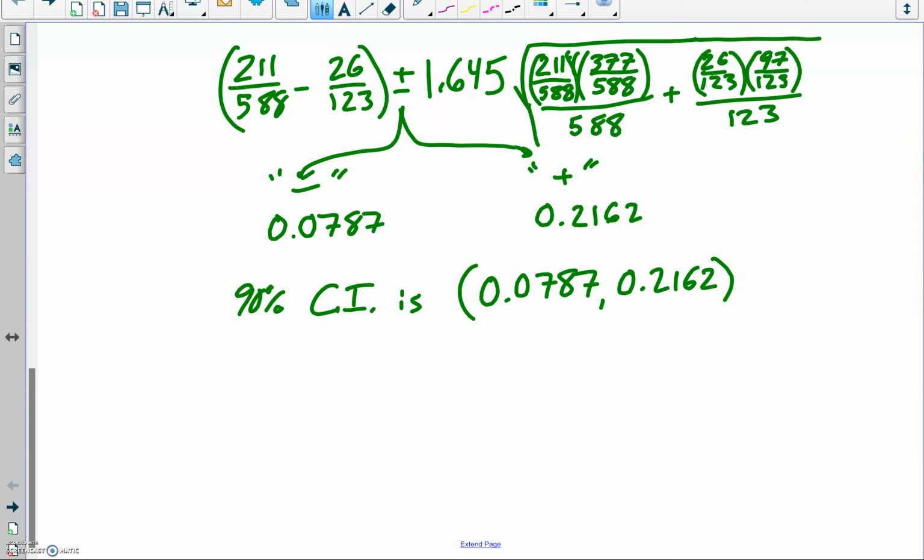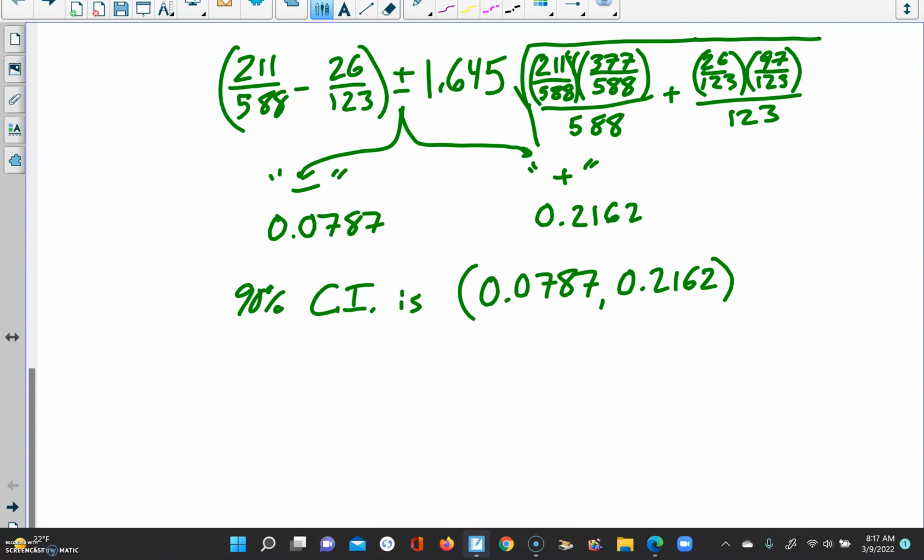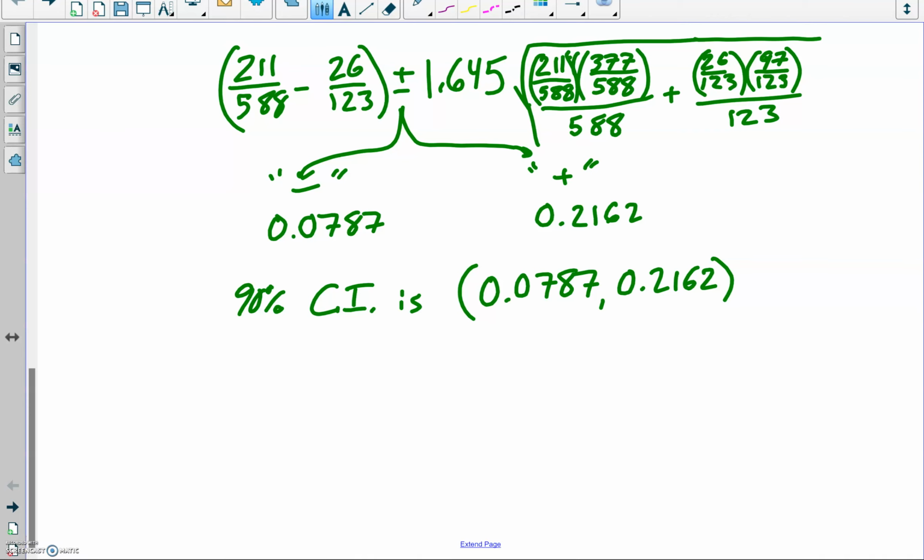So overall, when I look at this, it's also another indicator that there is a difference between the two Mediterranean and Atlantic parasite and Brill proportions. If there wasn't going to be a difference, what I would be seeing then would be maybe a 0 captured in between. But I don't capture 0 in between. There's no 0 between 0.0787 and 0.2162. So that's one of the interpretations of the confidence interval.